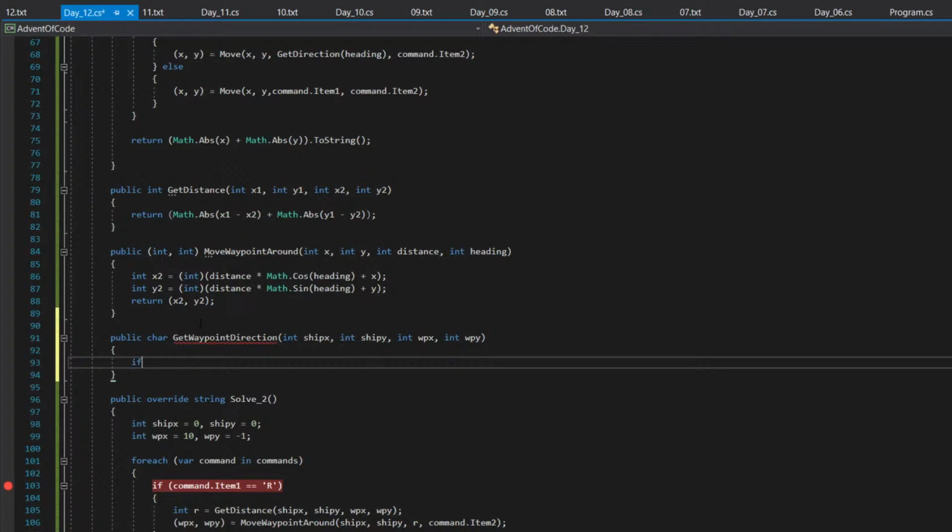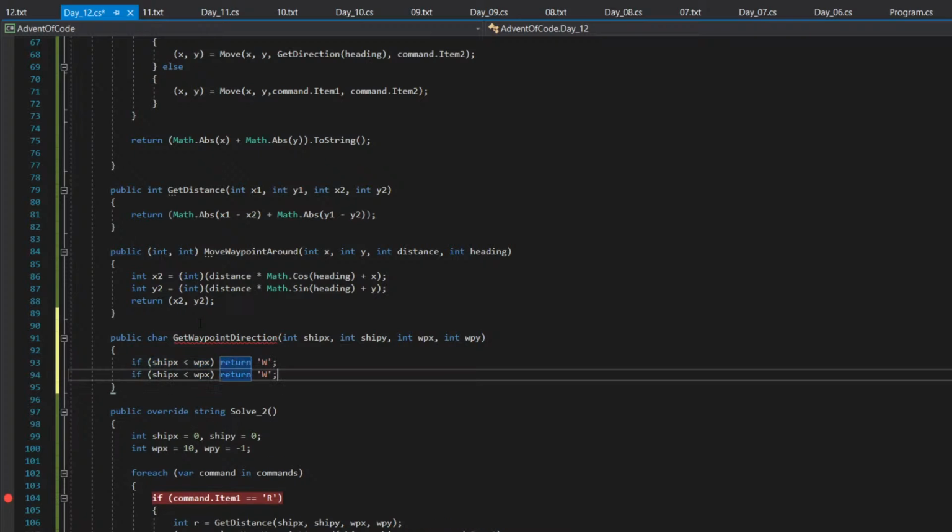And to figure out where it is, we need to say, if the ship is to the left of the waypoint, then we need to return west, right? If the ship is to the left, it needs to go in the direction of the waypoint, which is to the right.